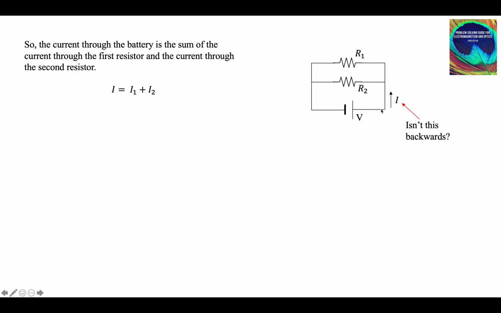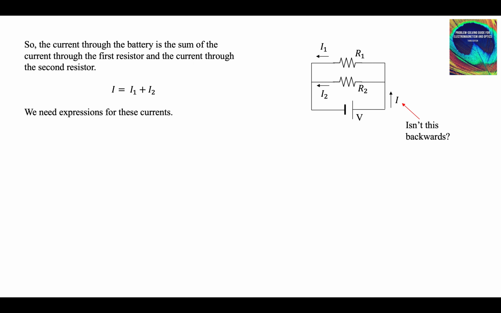The nuclei stay in the same place in a metal. It is the electrons that move. So the electrons are actually flowing this way, but we still say the current is going that way. And for most applications, it's fine. Positive current flowing counterclockwise is the same as a negative current flowing counterclockwise, and vice versa.